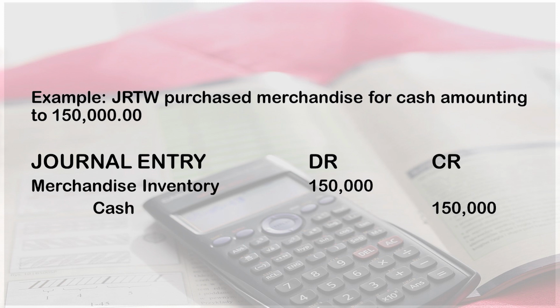The position of cash is a little bit indented going to the right to denote that credit is on the right side, together with the amount posted. Cash is credited, therefore it is on the right side, while debit is on the left side. Therefore, debit is always on the left side while credit is always on the right side.